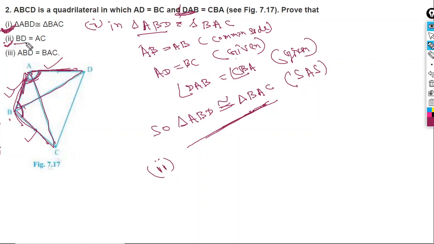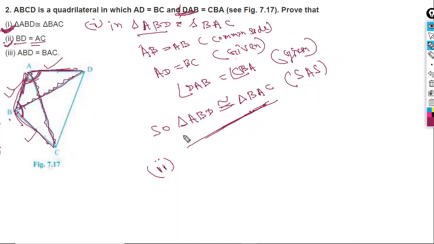(ii) is saying BD equal to AC. Look at the figure. Here is BD, this side. BD equal to AC. Where is AC? Here it is AC. You can see BD and AC are corresponding parts of triangle ABD and triangle ABC, isn't it?